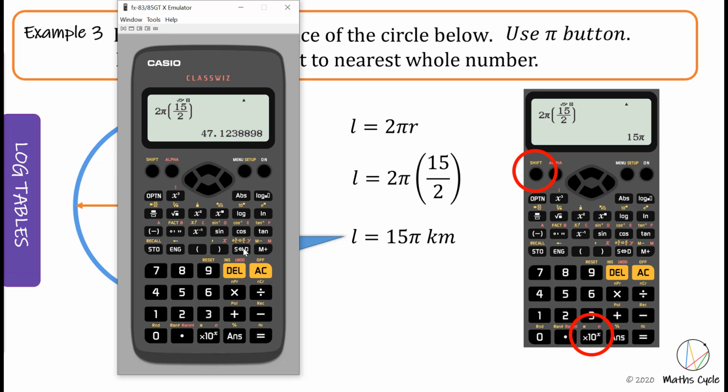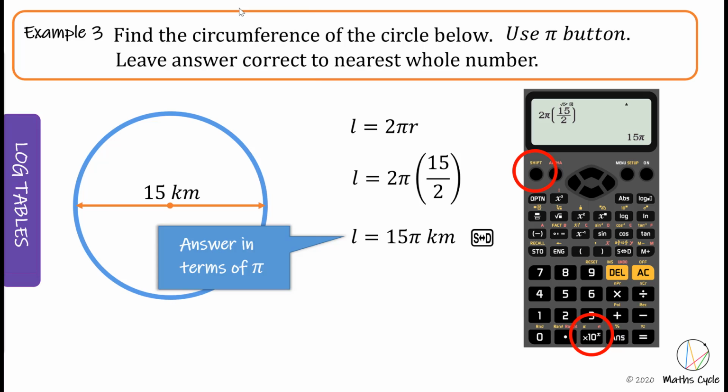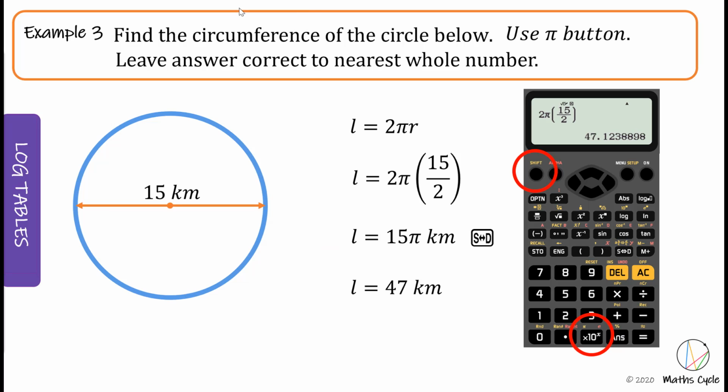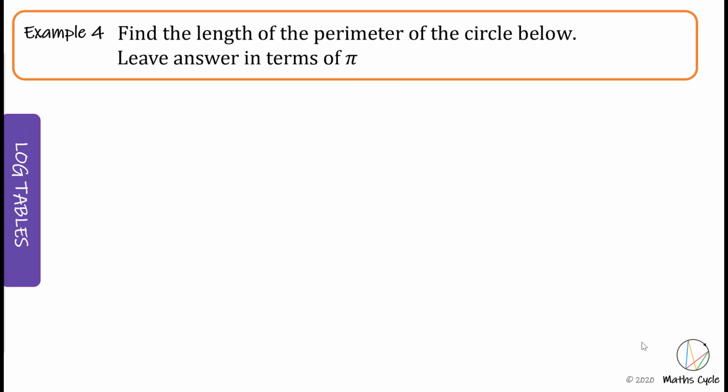We have to leave this correct to the nearest whole number. So the nearest whole number here is 47, because after the decimal I have a 1, which means I'm going to round down. So my nearest whole number is 47. So the length of the perimeter of this circle is 47 kilometers.